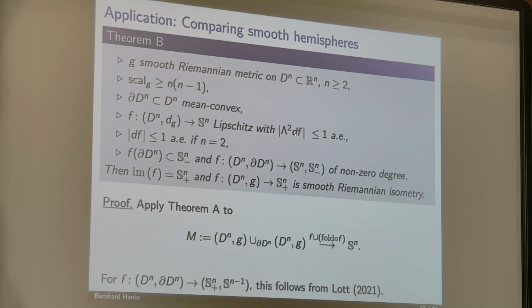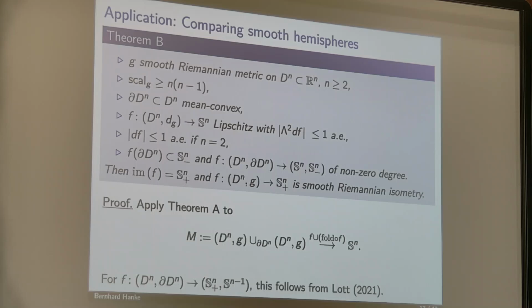And we assume that the two-vectors condition is fulfilled. And here, if n is equal to 2, then the map has to be Lipschitz. And here we assume that the boundary of the disk is mapped to the southern hemisphere.